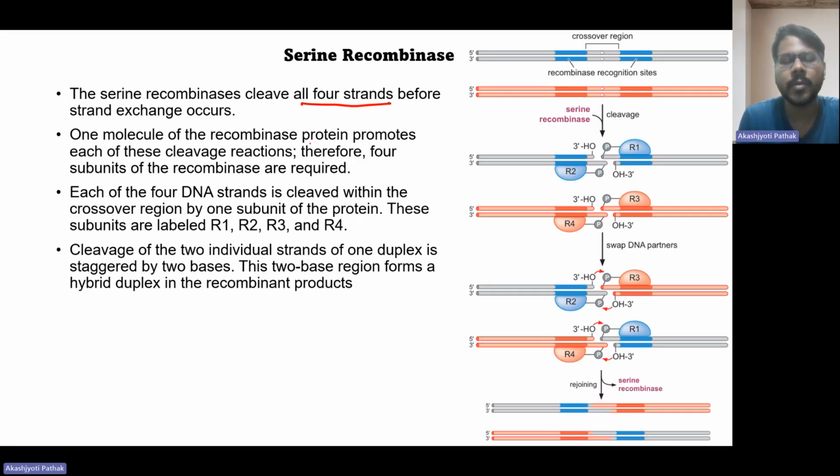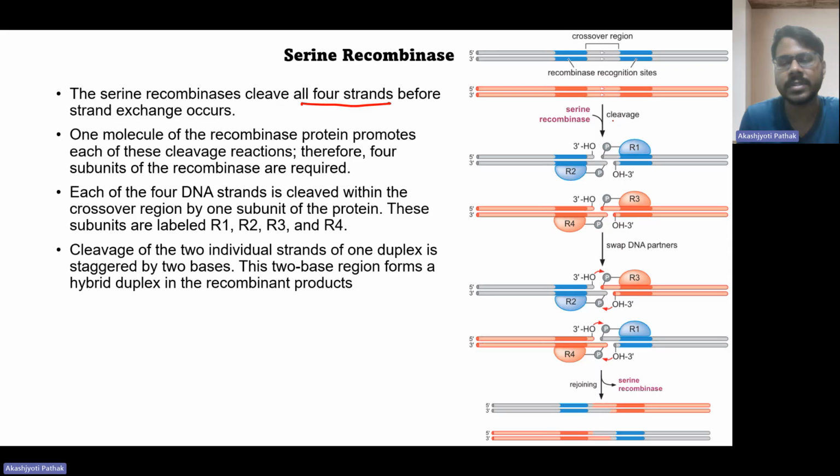One molecule of recombinase protein promotes each of these cleavage reactions. As I was mentioning, there are four different subunits of the serine recombinase, and each subunit recognizes one of the DNA strands. Okay. So you have four strands here, 1, 2, 3, 4, and each of these strands is recognized by a different subunit. And each of these is cleaved within the crossover region.